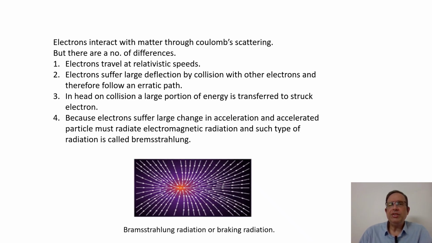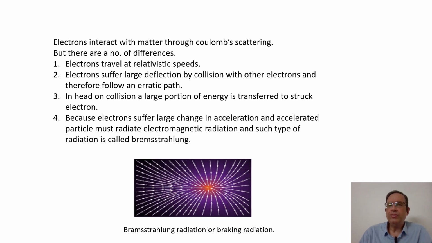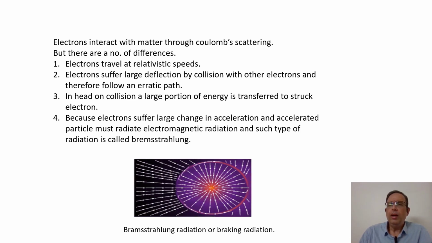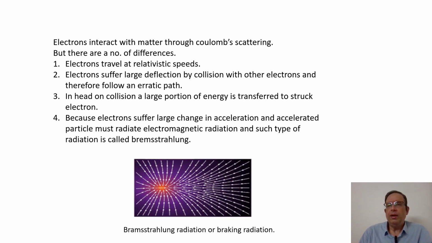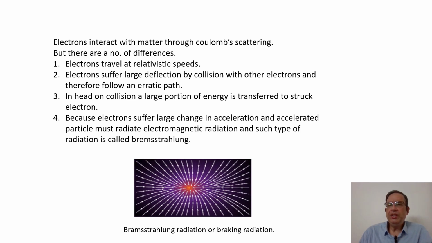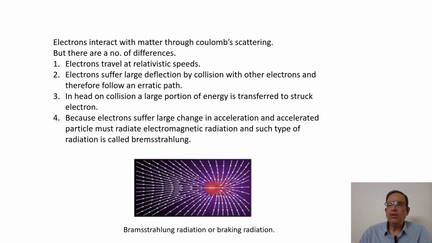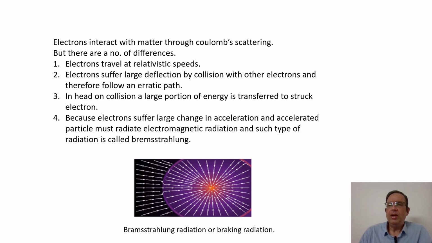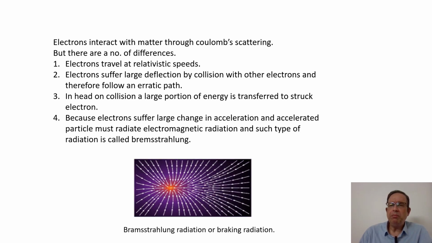In a head-on collision, a large portion of energy is transferred to the struck electron. The struck electron gains a lot of energy from the incoming electron because both particles have the same mass, so there is a large transfer of energy and momentum.